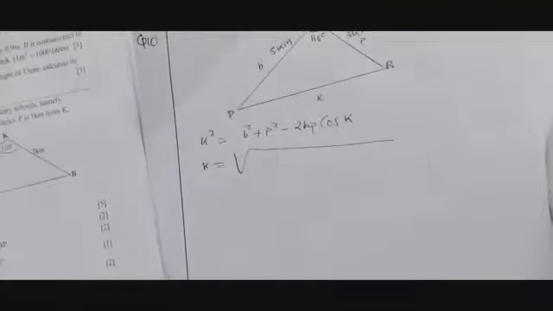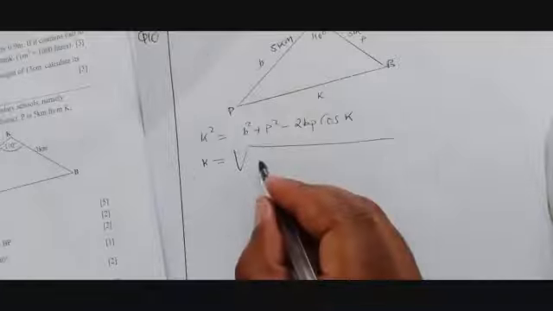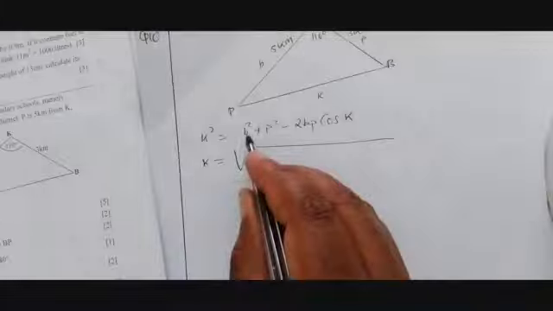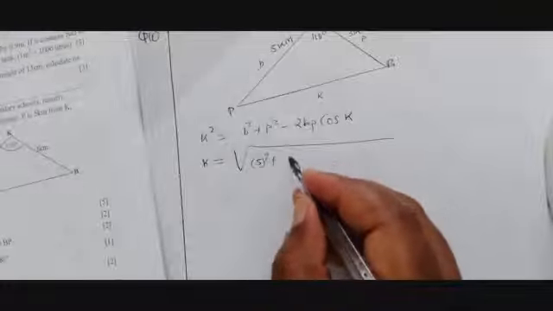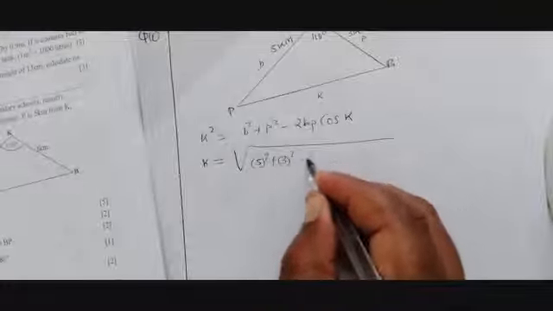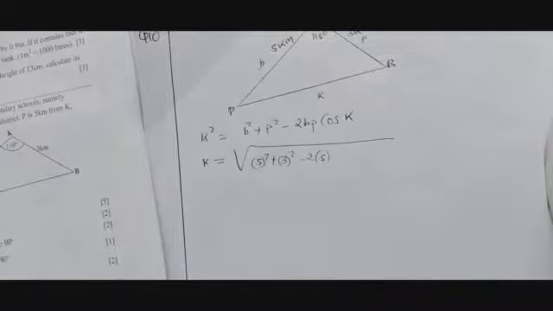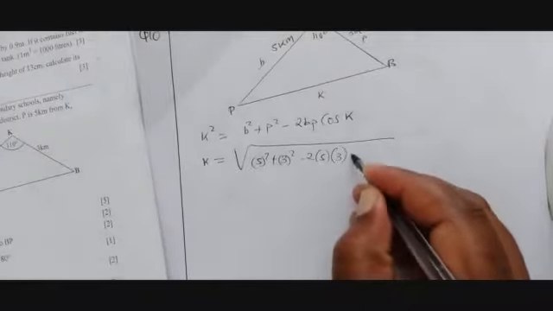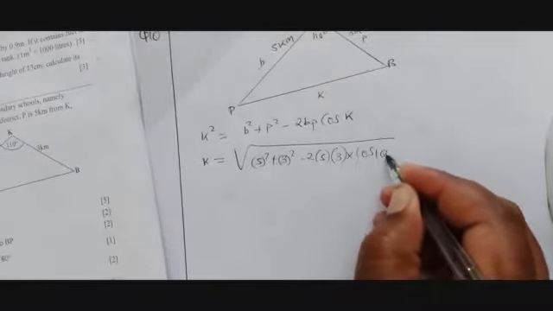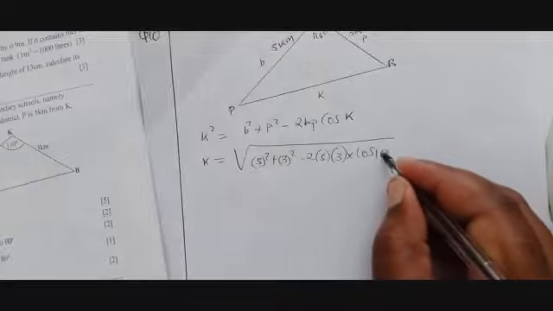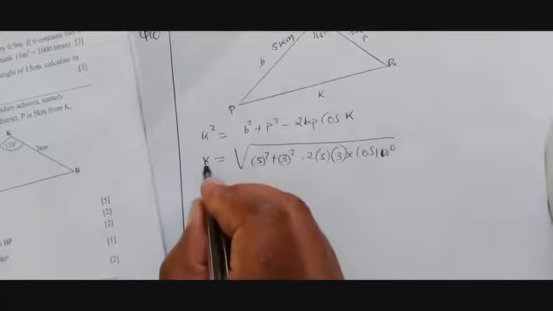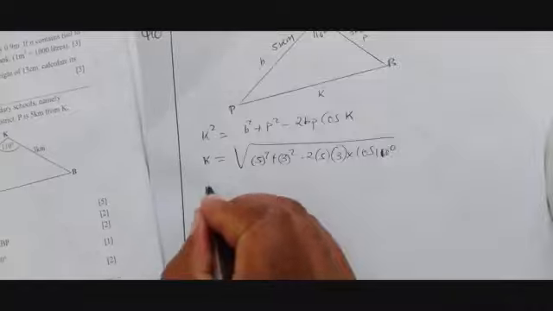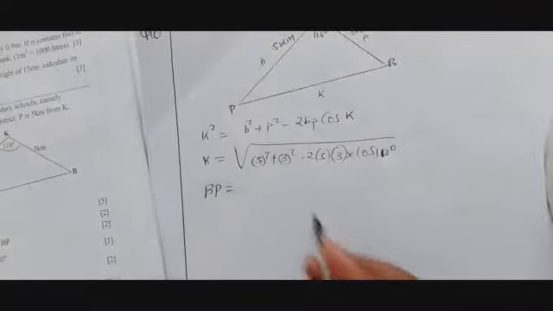So what is the side b? 5 squared plus p is 3 squared minus 2, 5 here, you put 3 times cos 110 degrees, right? This our k is the BP, the same one we are looking for, is equal to the square root of what?